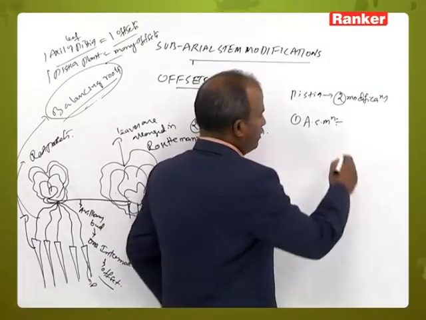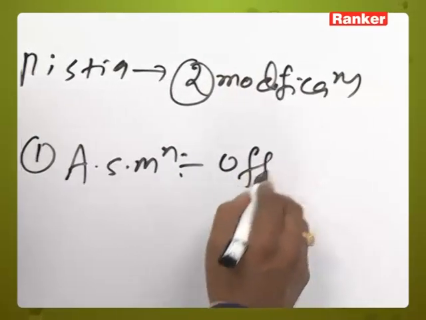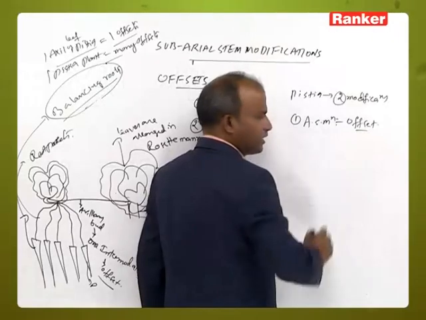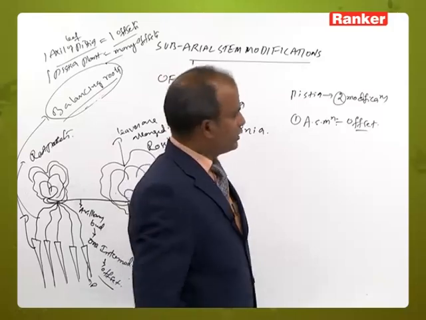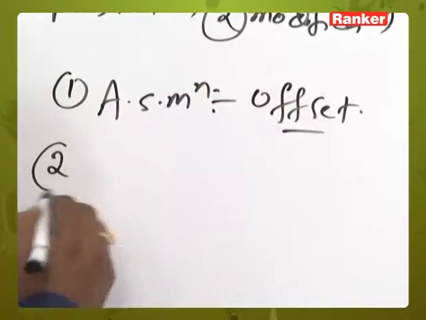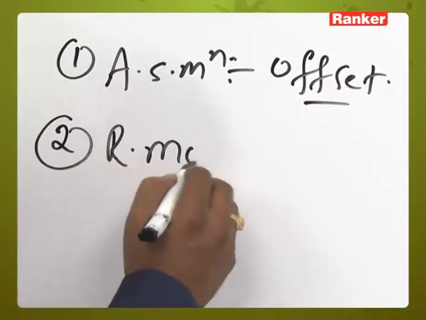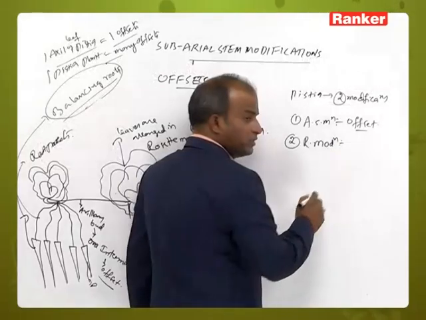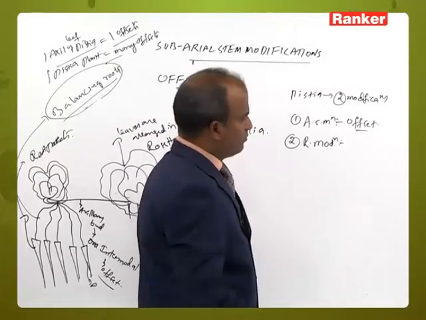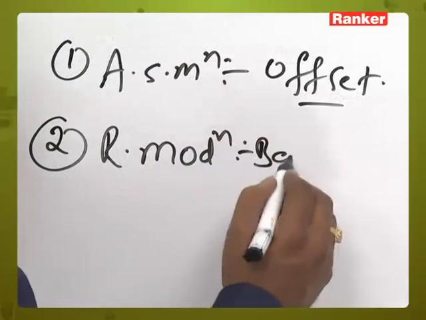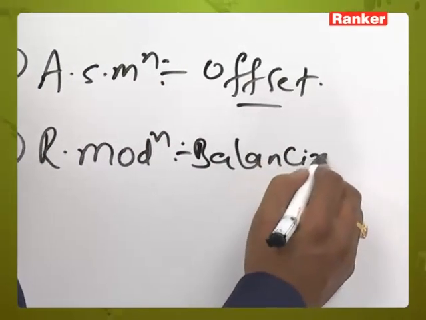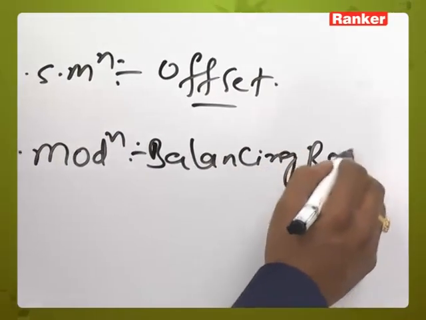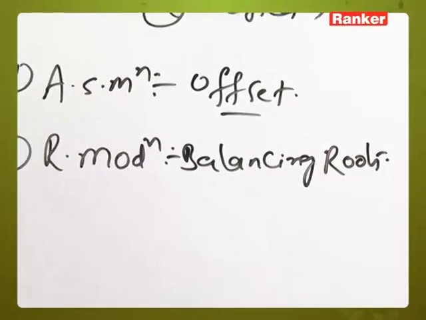That is nothing but the one-internodal offset. And the second modification is the root modification, that is nothing but balancing roots.